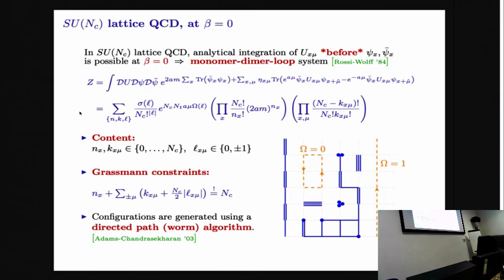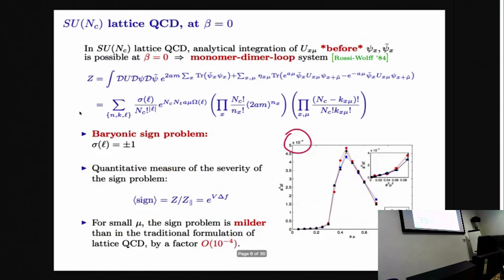And for these constrained systems, the worm algorithms that Philippe mentioned are very efficient to generate configurations like this, and even in the continuous time limit, it becomes very efficient.